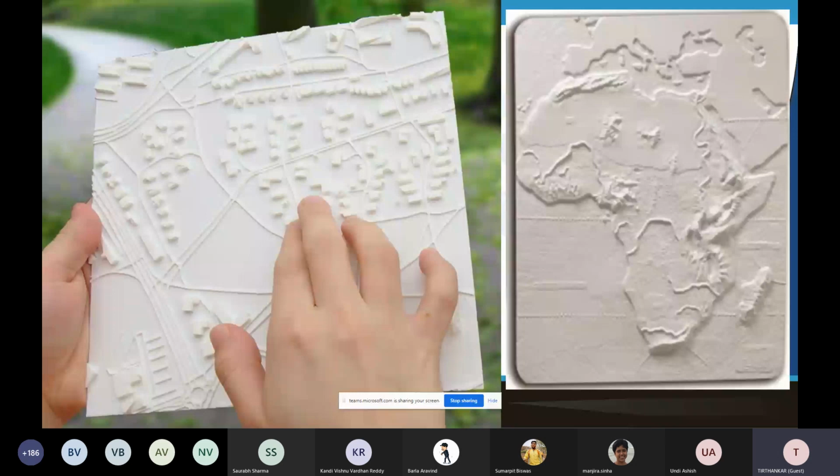These are the roads, these are maybe the buildings, and a person can have a fairly good idea about the map structure or the objects.